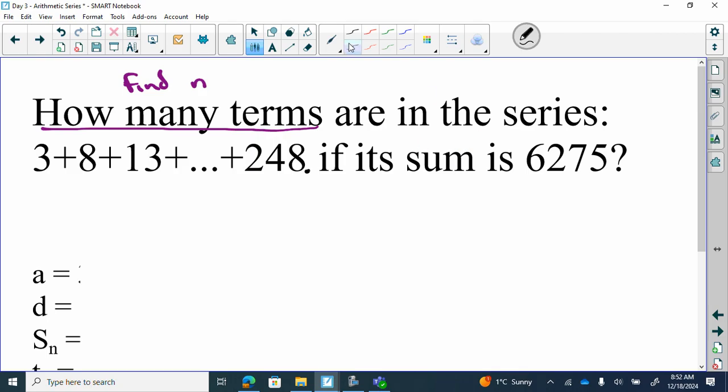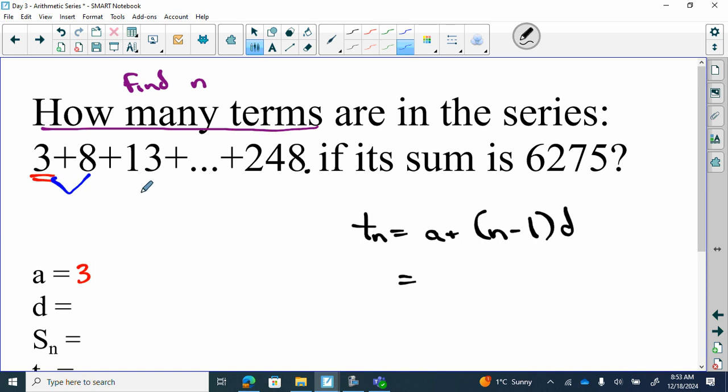Some people think I could just go to this formula right here. I know what A is. What's A? 3. What's D? What's the common difference? 8 minus 3, 13 minus 8. It's 5. That's right.